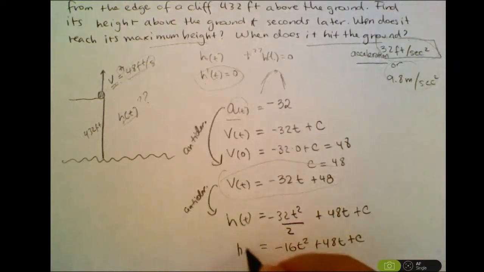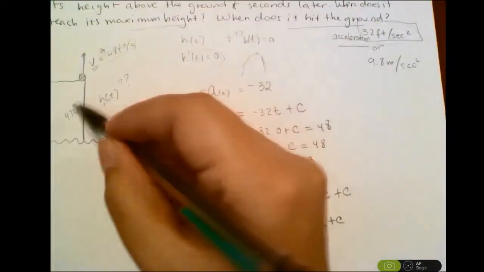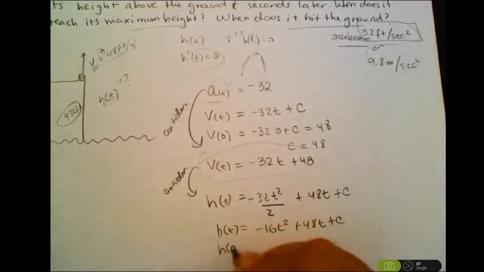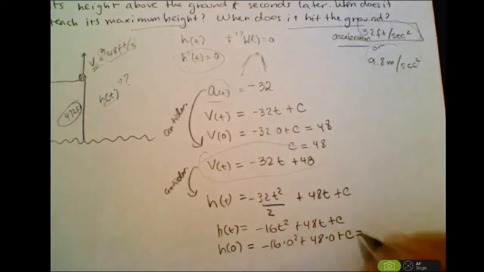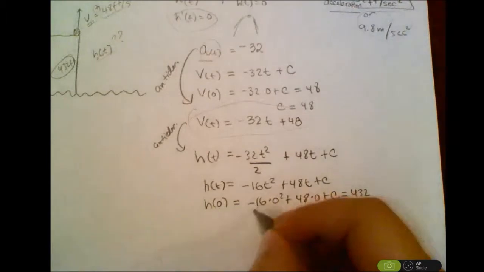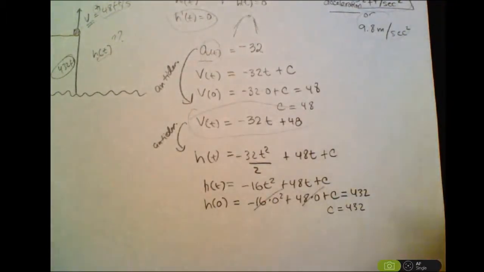Now, from the given information, I know that at the beginning the height of this ball is 432 feet. So at time 0, negative 16 times 0 squared plus 48 times 0 plus c, the height was 432 feet. Now this disappears, so c is 432.